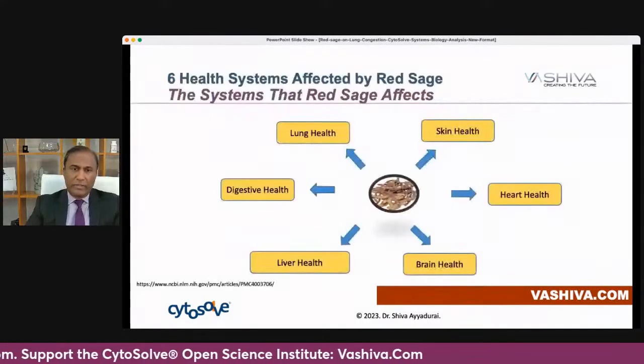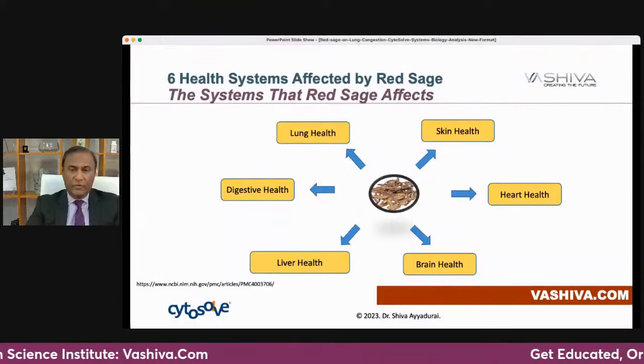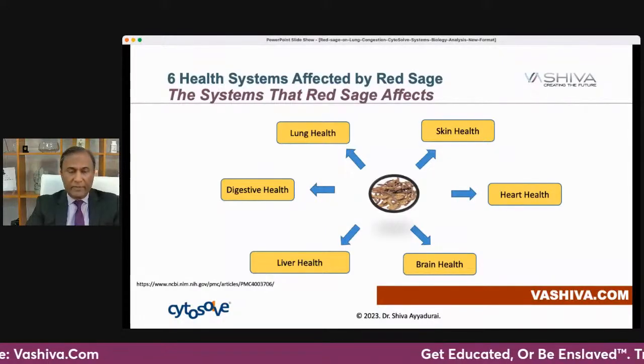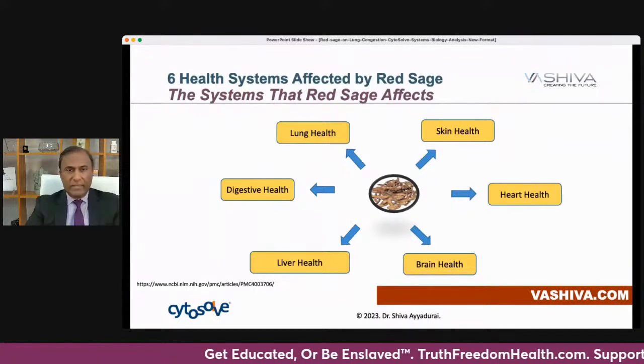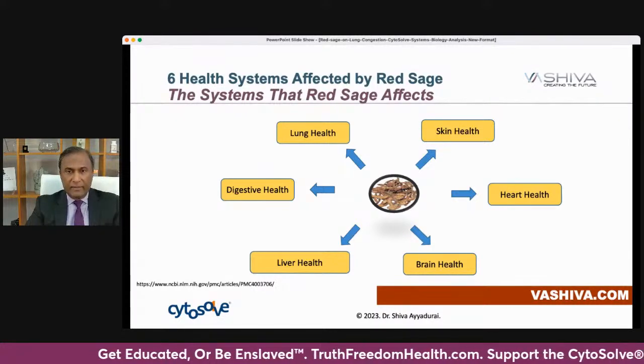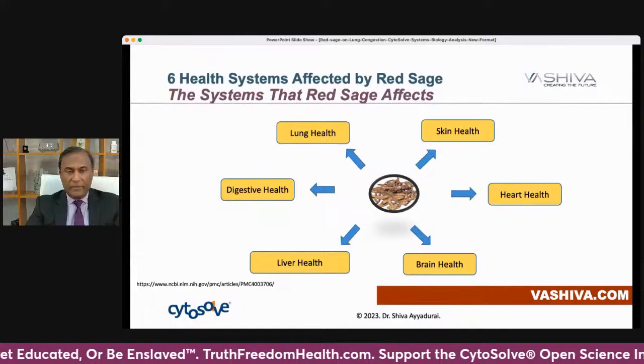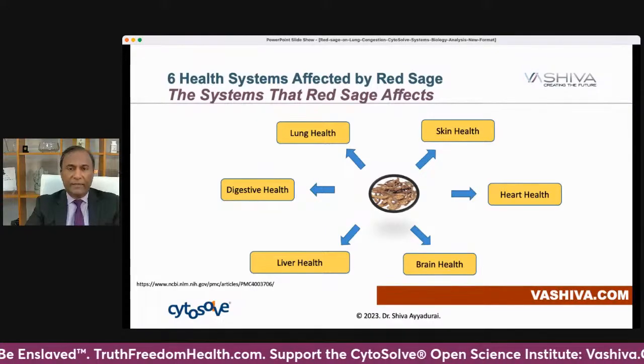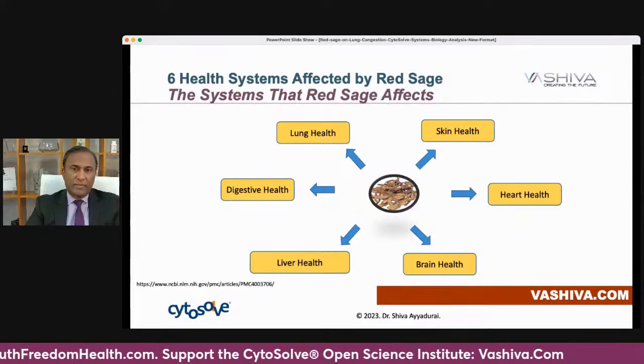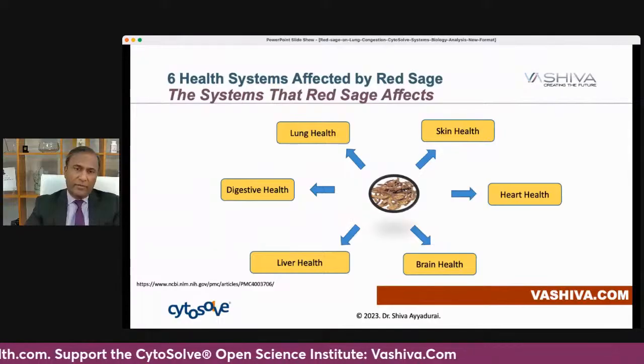So what are those health systems? Red sage has effects on your lung, skin, heart, brain, liver, and digestive systems. It affects all of these 6 systems, 6 subsystems of your body. We call those the health systems.